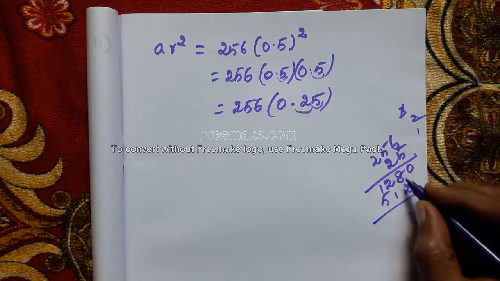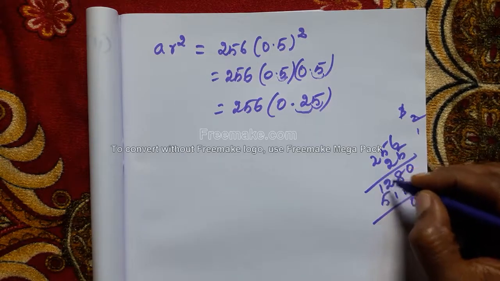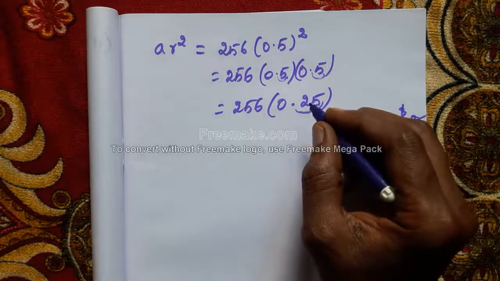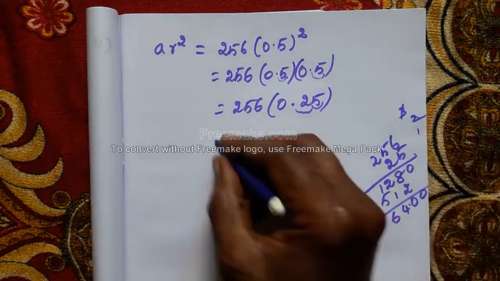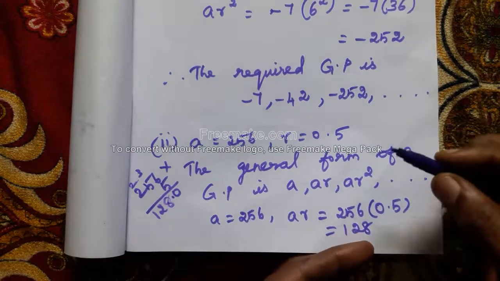Adding, 0. Next 10. Then 1 balance. 2 plus 1, 3. 4, 6. How many digits before we put the decimal point? 2 digits. 64.